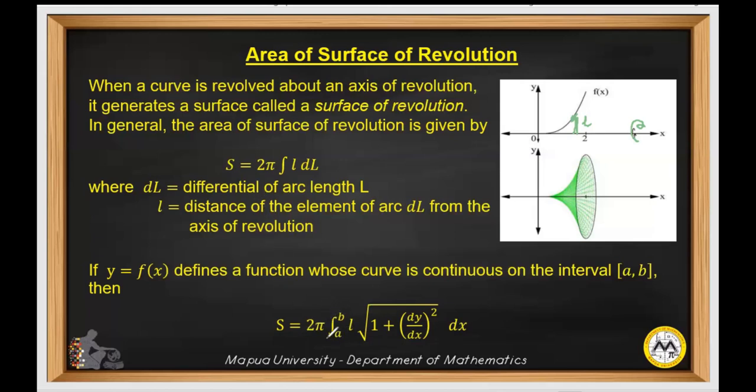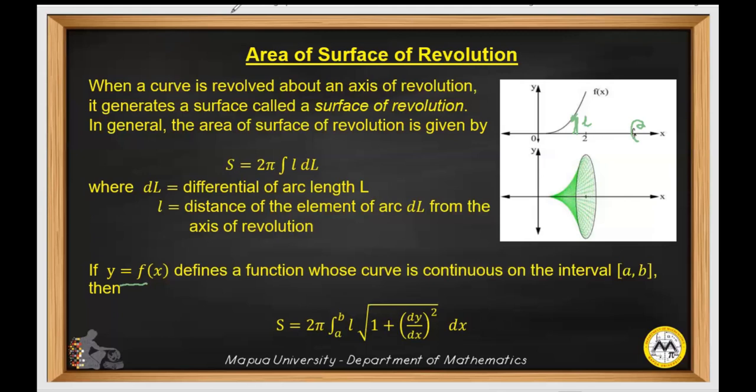Since we will determine the area of surface of revolution S, we will multiply it by 2 pi L, which is actually the circumference. So the area of surface of revolution when y is a function of x is 2 pi times the integral from a to b of L times the square root of 1 plus the square of the derivative of y with respect to x. And we will evaluate the integral in x.